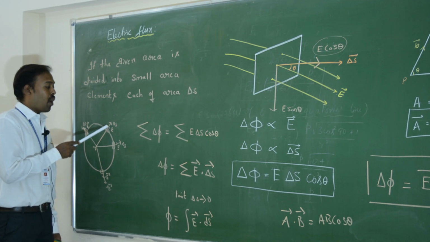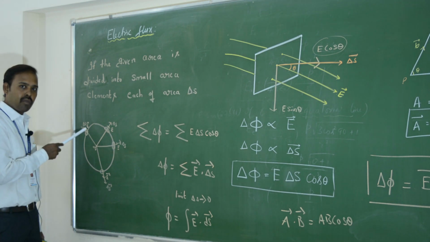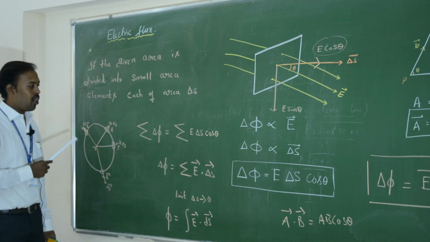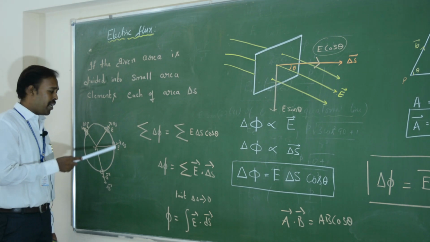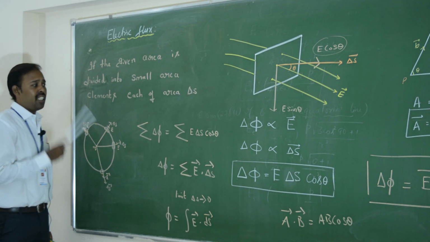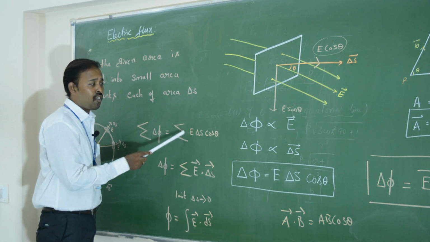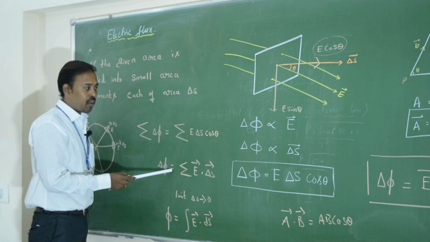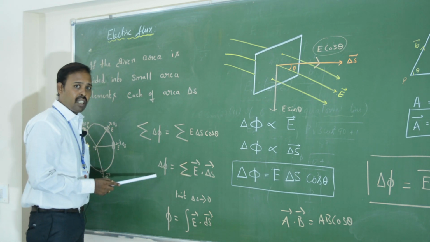Like this you have to calculate the flux at each area element, and then you have to add up. So if this area is divided into small elementary areas, the equation becomes the summation of delta phi equal to the summation of E delta S cos theta, or the summation of E dot ds, right?